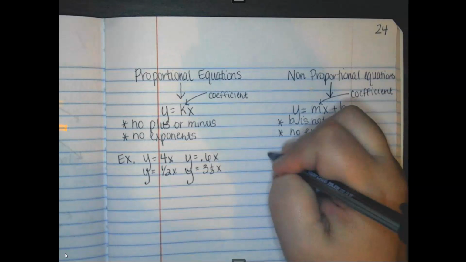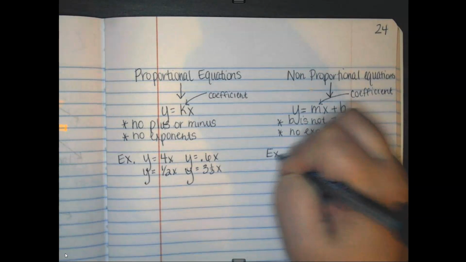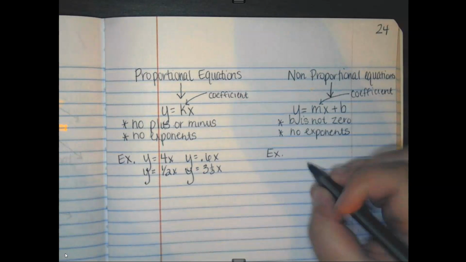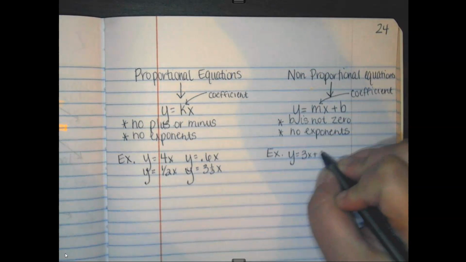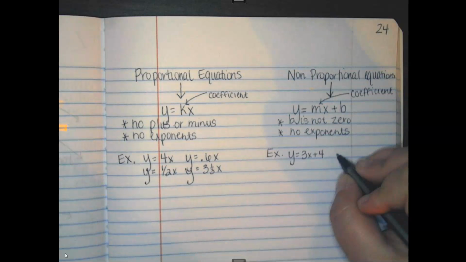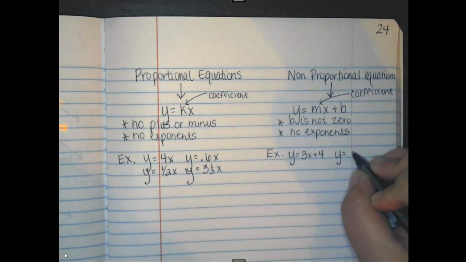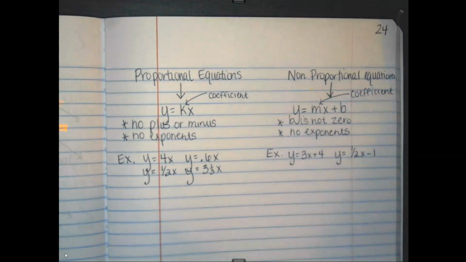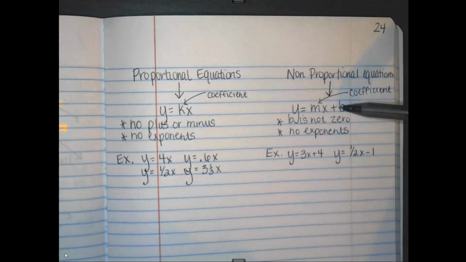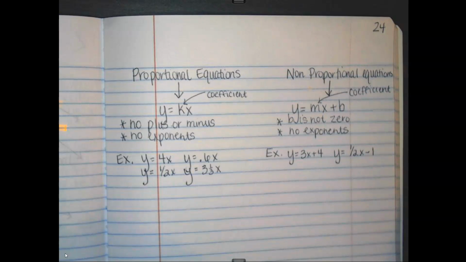Some examples of non-proportional equations. So we have y equals 3x plus 4. Y equals 1/2 x minus 1. Now you may say, wait a second, that says plus b. Remember, I can always add a line, change sign to make that plus a -1.